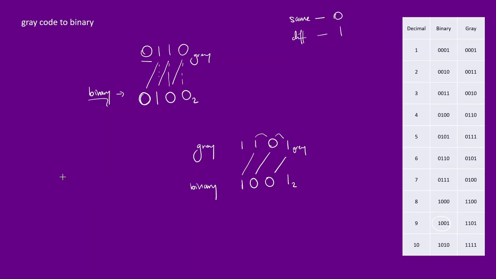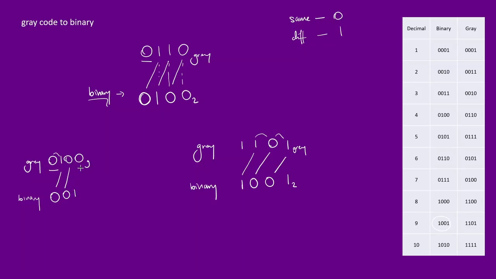So let's work with 0, 1, 0, 0. Okay, so gray, 0, 1, 0, 0. G for gray. I'm trying to find the binary. Okay, maintain the MSB, so that's 0. Move over to the next. 1 XOR 0, those are different, so we get a 0. 0 XOR 0, those are the same, so we get a 1.